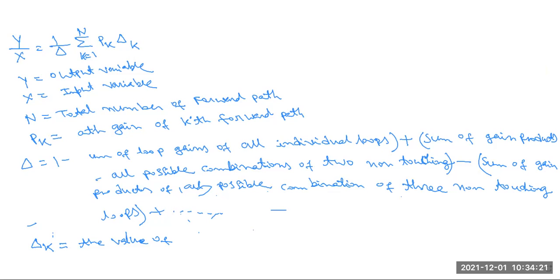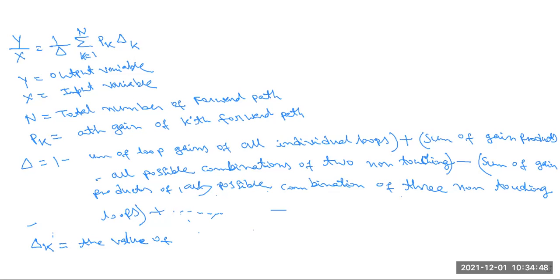So delta k is the value of delta for that part of the graph not touching the loops.